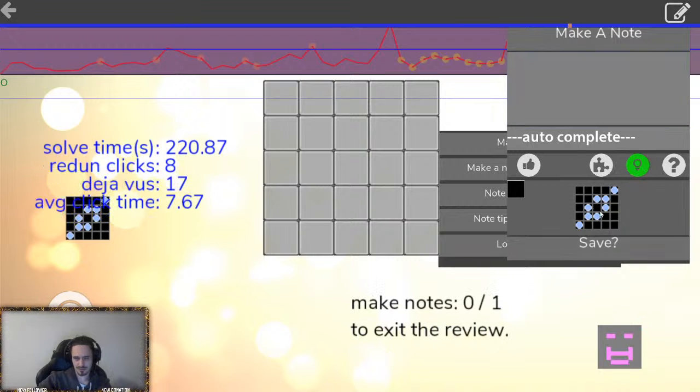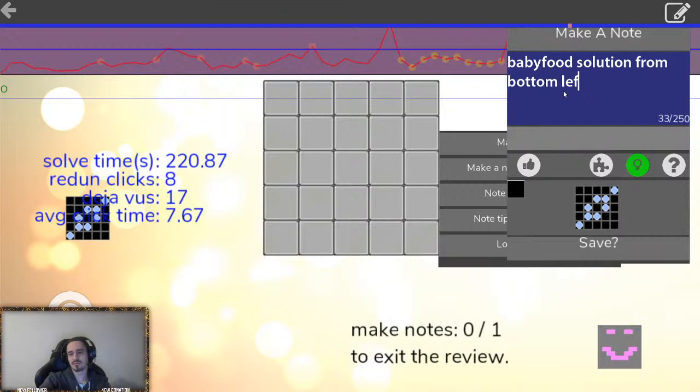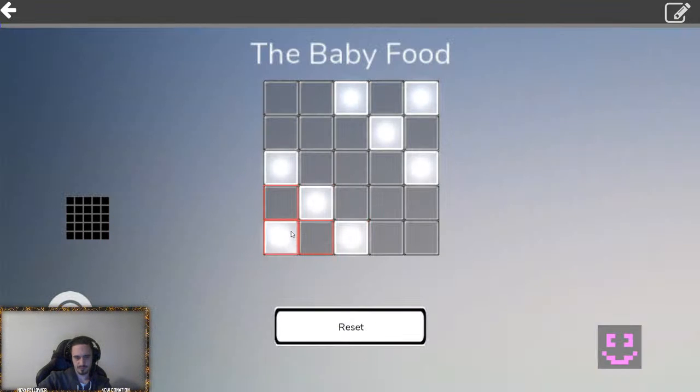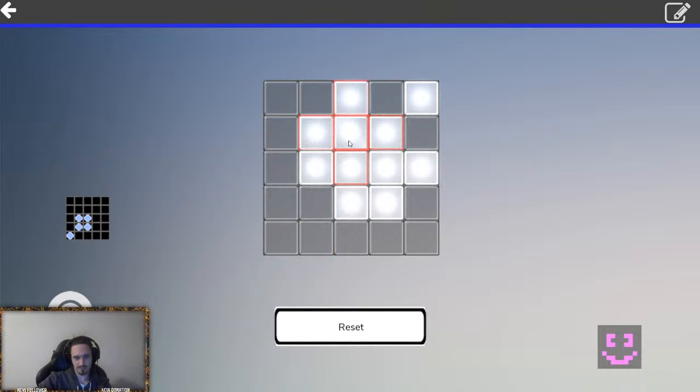Oh, cool. The solution's the one with the light bulb. And then you type a note for that, and that'll save the blue dots for clicks. Okay.